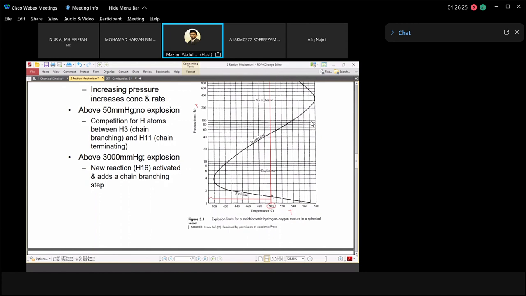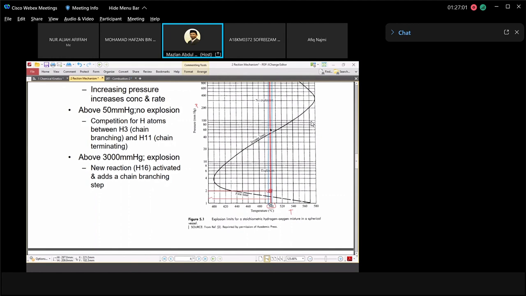However, at the same temperature, if you increase the initial pressure before combustion, let's say to 2, then you see the mixture will explode at this point. If you further increase the initial pressure to this point, let's say 50 millimeters mercury, before 50 it will still explode. Above that, let's say 60, there's no explosion.